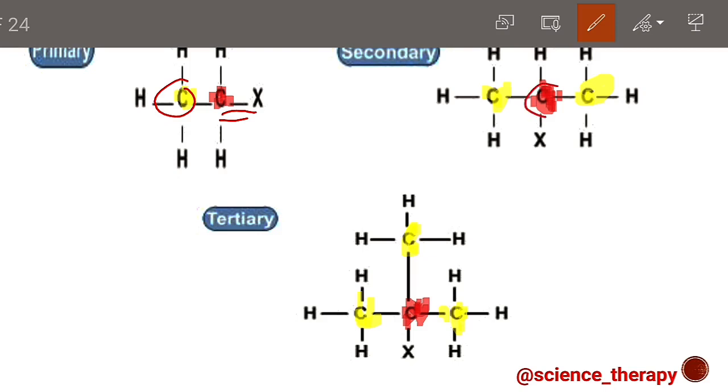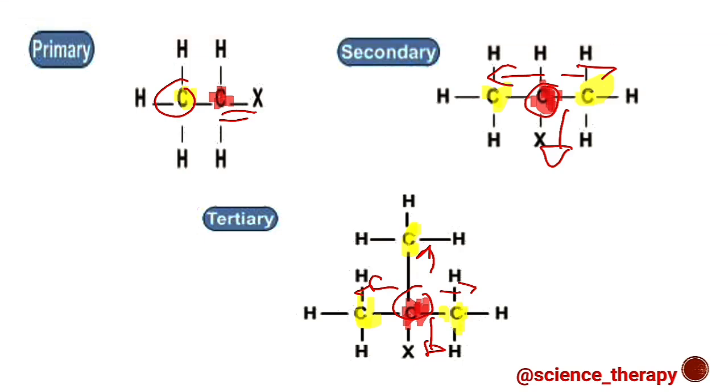Then for secondary, we say the carbon that is bonded to the substituent is bonded to two other carbon atoms. Then for tertiary, the carbon that is bonded to the substituent is bonded to three other carbon atoms.